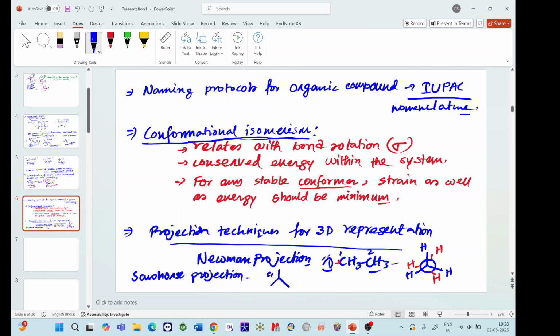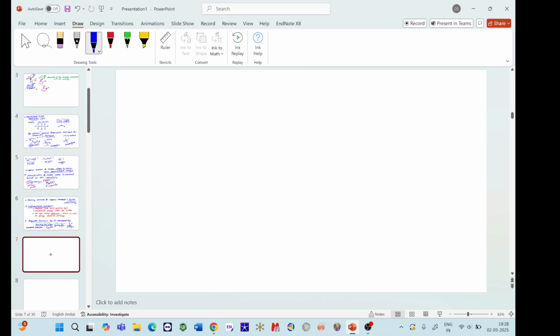So this is your C1, and then you have C2. You are just rotating that one and trying to view it through another angle. This is called Sawhorse notation, and the earlier one is Newman projection.